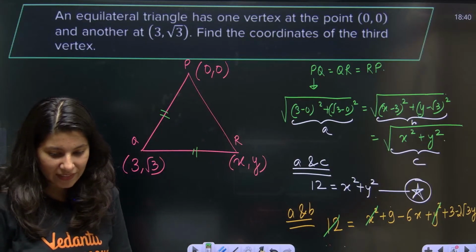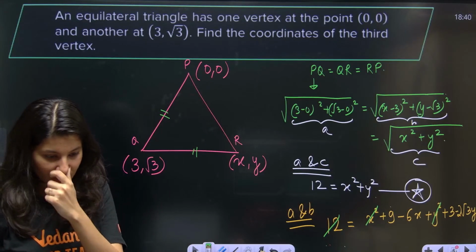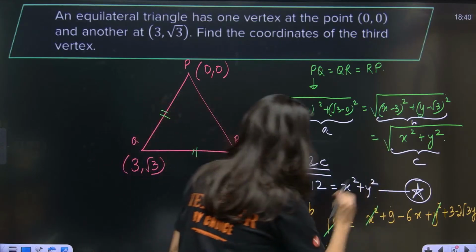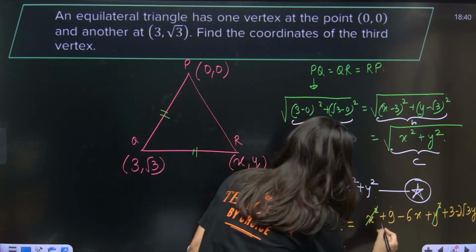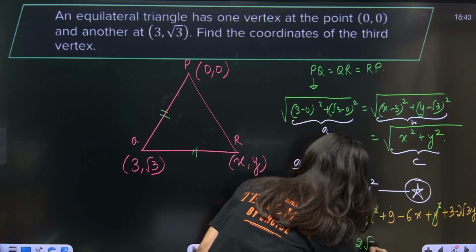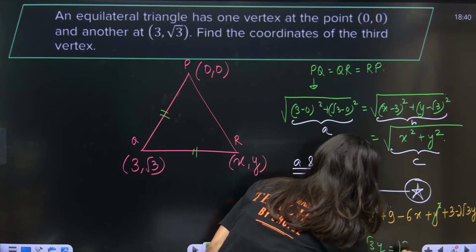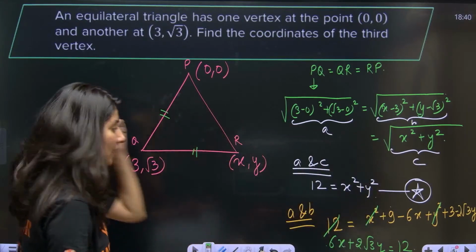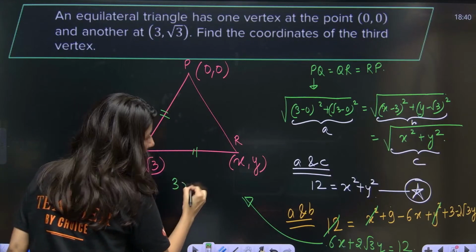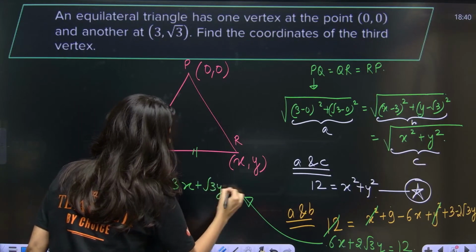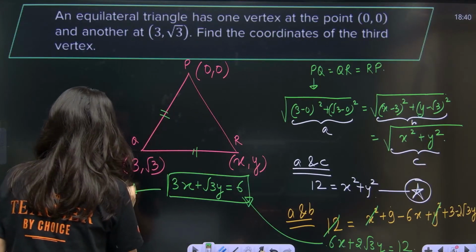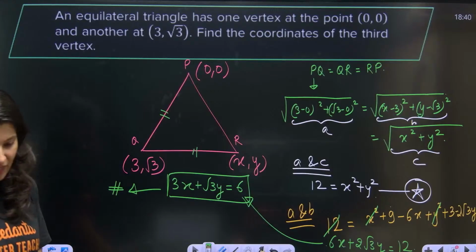Can I do that? Everybody? Yes. A and B equal. Correct. So now what are you going to get? Tell me. You are going to get 6x plus 2√3y is nothing but 12. Or one more time if you do that, you are going to get 3x plus √3y is equal to 6. So this is your hash equation. Hash equation, everybody?